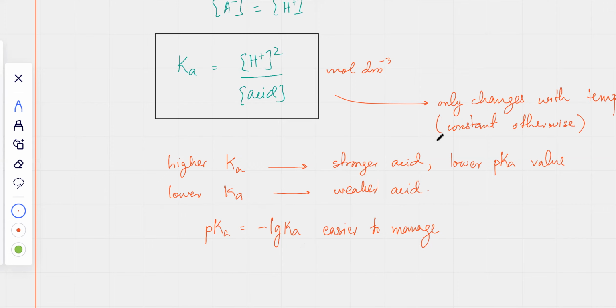But the scale inverts. A higher K value means that your pK value is going to be a lot lower. The same with H+ concentration and pH. A higher H+ concentration indicates more acidic, which means the pH would be really low. And a lower K value indicates that you're going to get a higher pK value.